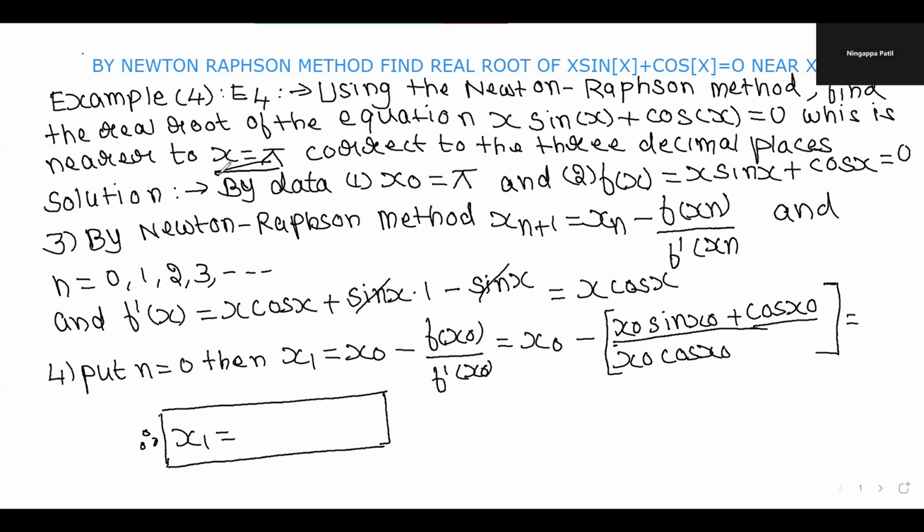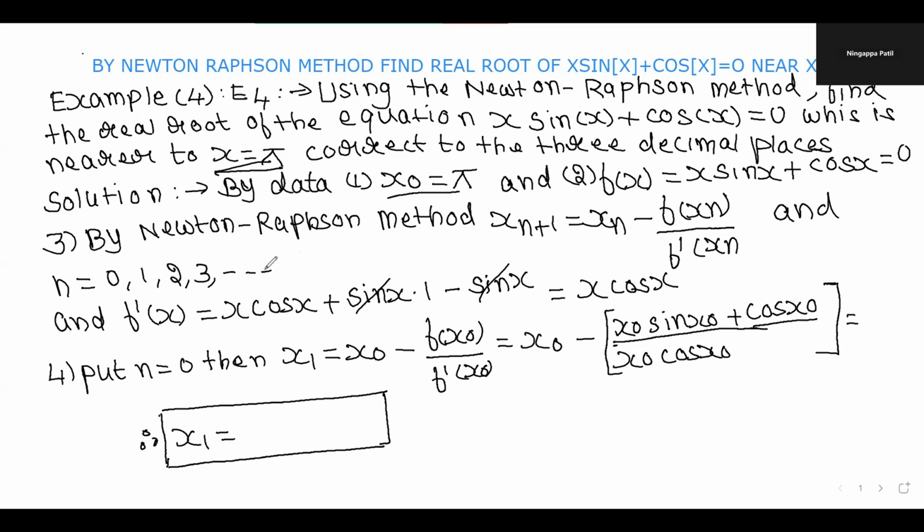This is x0 equal to pi, given by the examiner. And next, the examiner has given you f(x). Look here, x sin x plus cos x equal to 0. This is f(x), given by the examiner. f(x) equal to x sin x plus cos x equal to 0.